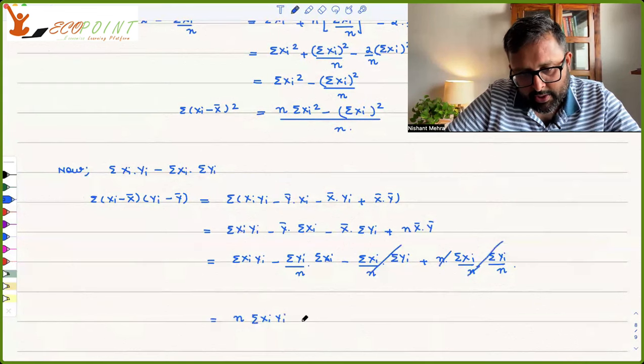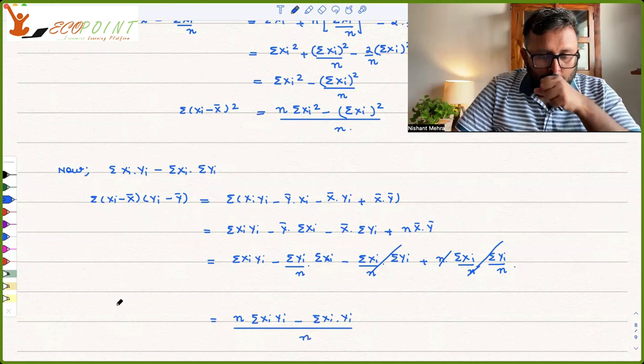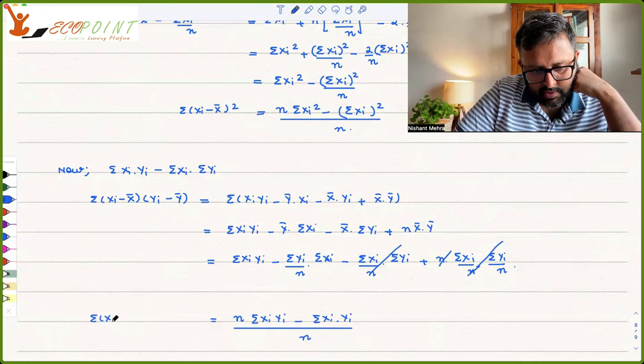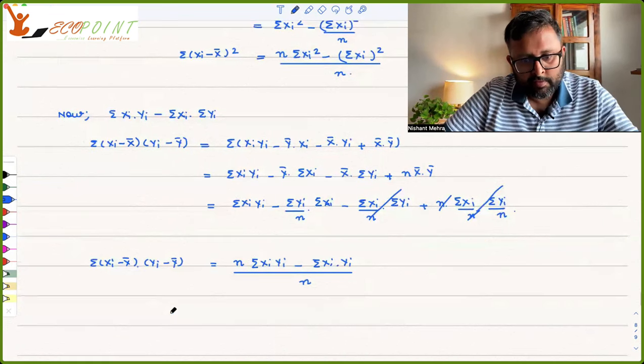And this thing will become n summation of xi yi minus summation of xi, minus y bar.